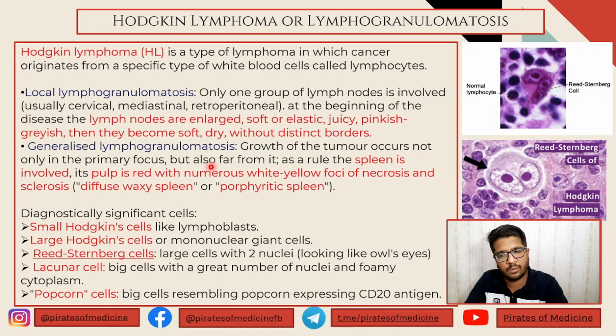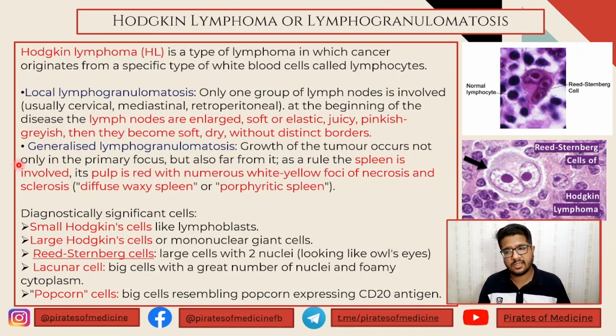If only one group of lymph nodes in the body is involved, like cervical, mediastinal, or retroperitoneal lymph nodes, then this is called local granulomatosis. These lymph nodes are enlarged, soft or elastic, juicy, and pinkish gray, and later they become dry, and the border of these lymph nodes is lost.